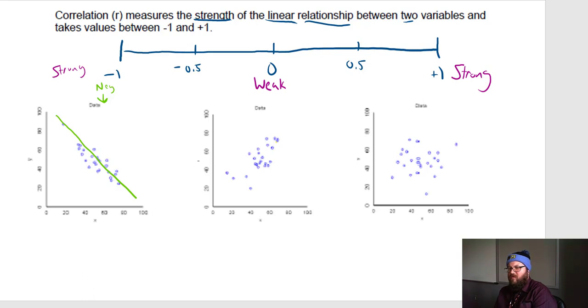So if we had a +1, that means it's a strong positive correlation, right? With this, you'd be looking at a positive correlation going in this direction, right?